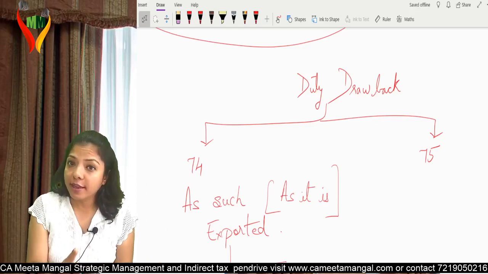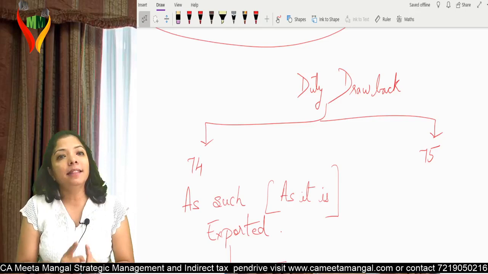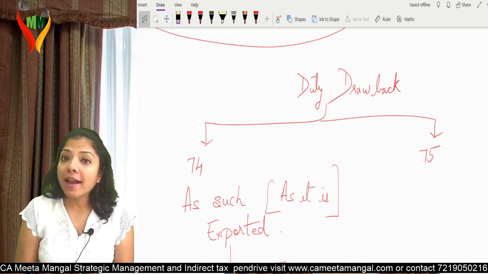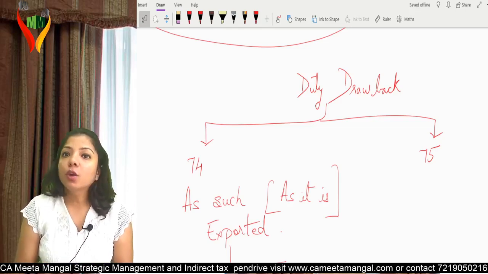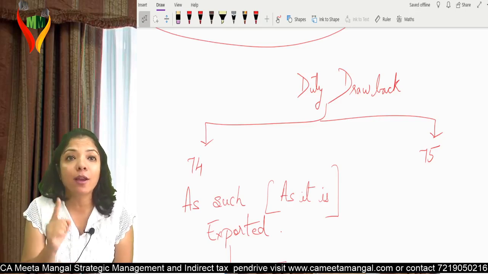Section 74 says you have imported, you have paid import duty, and then you have exported without changing the form. In that case, you will get duty drawback under section 74. I hope you're with me.